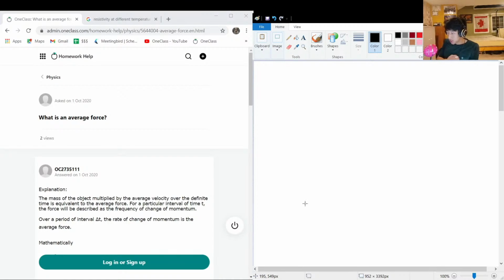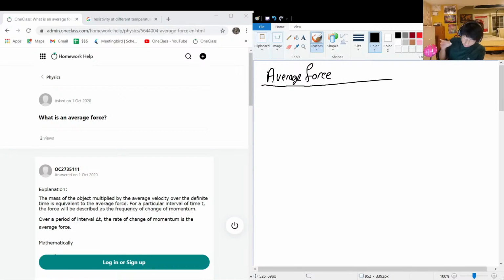So, the next question that we got on the menu today is asking us, what is an average force? Average force. An average force also depends on what type of situation you are asking about.